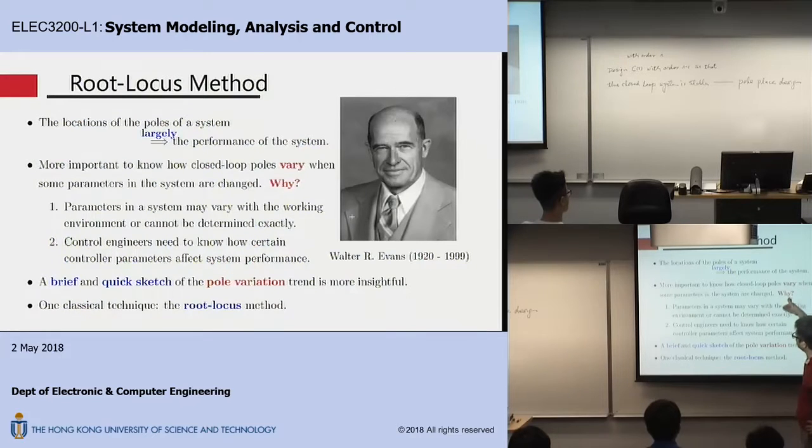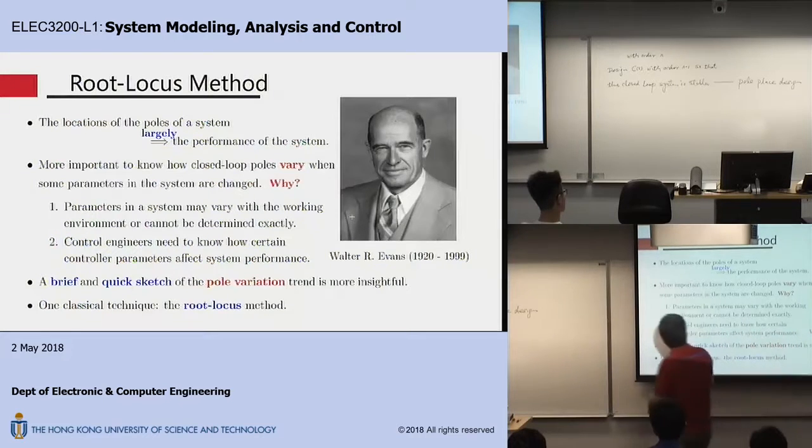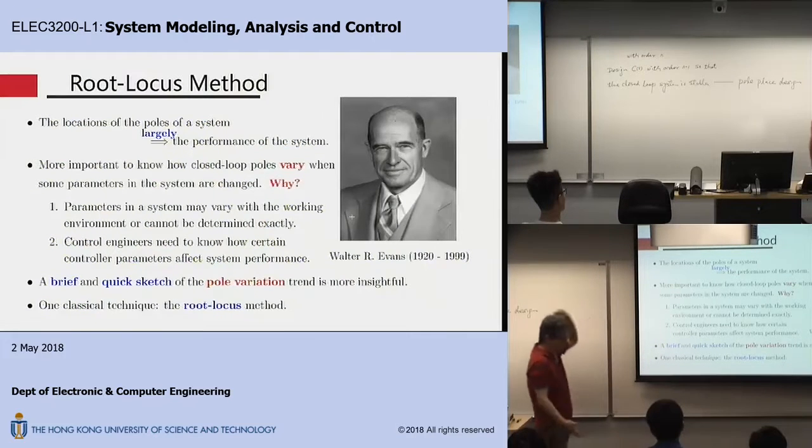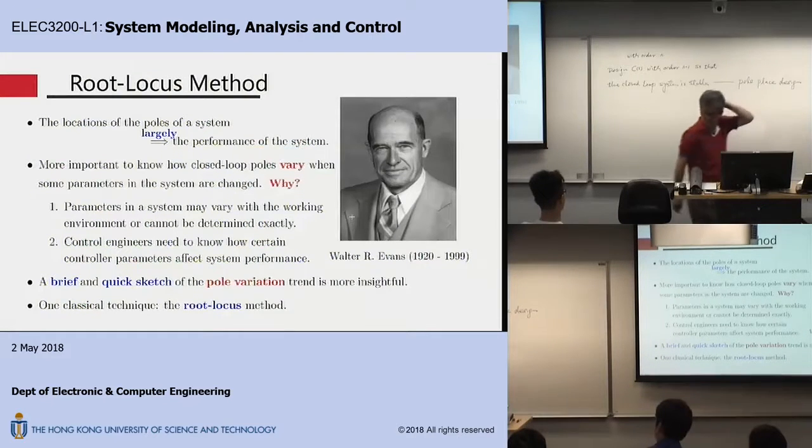And the parameter, instead of being the design parameter, the changing or varying parameter might be some kind of parametric uncertainty. It's not really the controller gain. It's some kind of uncertain parameter or really a time varying parameter, because in physical systems you have a lot of uncertainty.